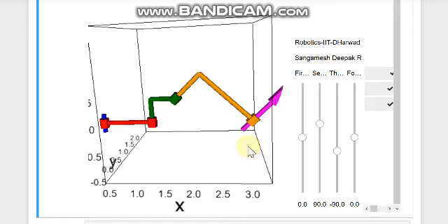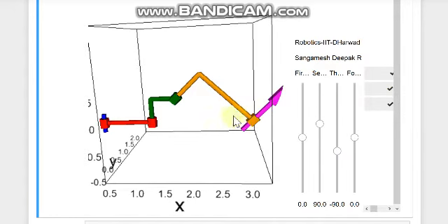The first configuration, corresponding to which the Jacobian was evaluated, is this one. In this configuration, theta 1 is 0, theta 2 is pi by 2, theta 3 is minus pi by 2, and theta 4 is of course inconsequential because the location of O4 does not depend on theta 4.